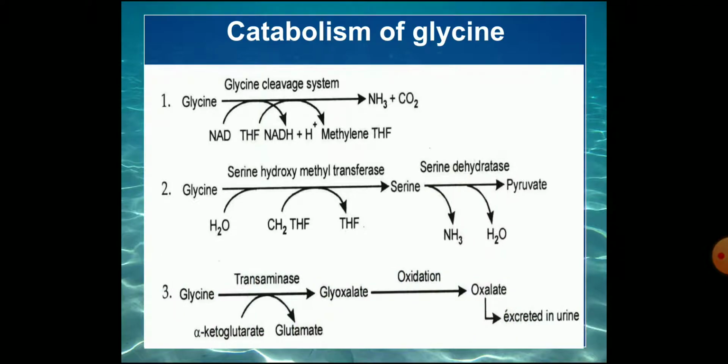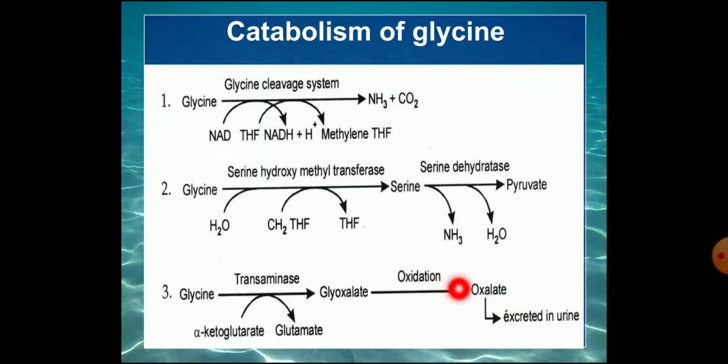Then another reaction is glycine on transaminase reaction producing glyoxylate. That is again what we have noted in the synthesis of glycine. Glyoxylate on transamination with glutamate produces alpha ketoglutarate and glycine. So the reversal, glycine plus alpha ketoglutarate will produce glyoxylate and glutamate by the transaminase enzyme, and this glyoxylate has a pathway, that is on oxidation it will produce oxalate, which is excreted through urine.